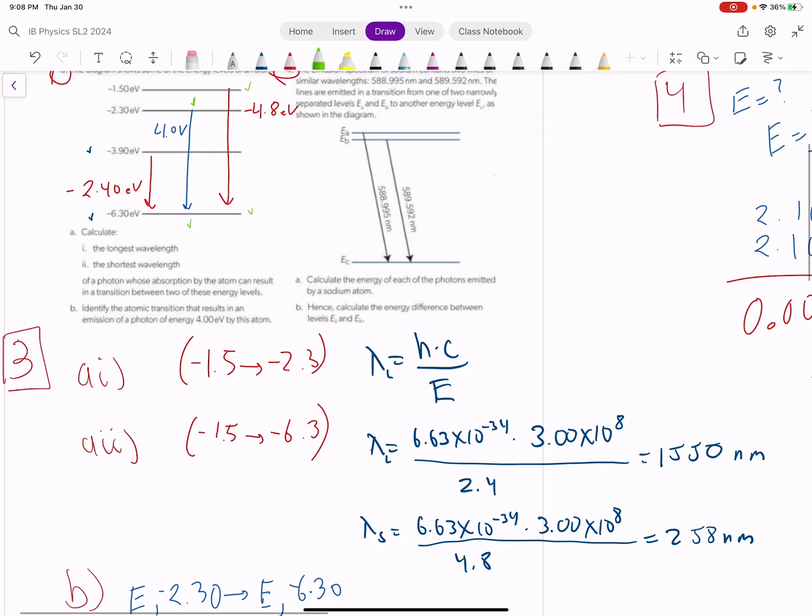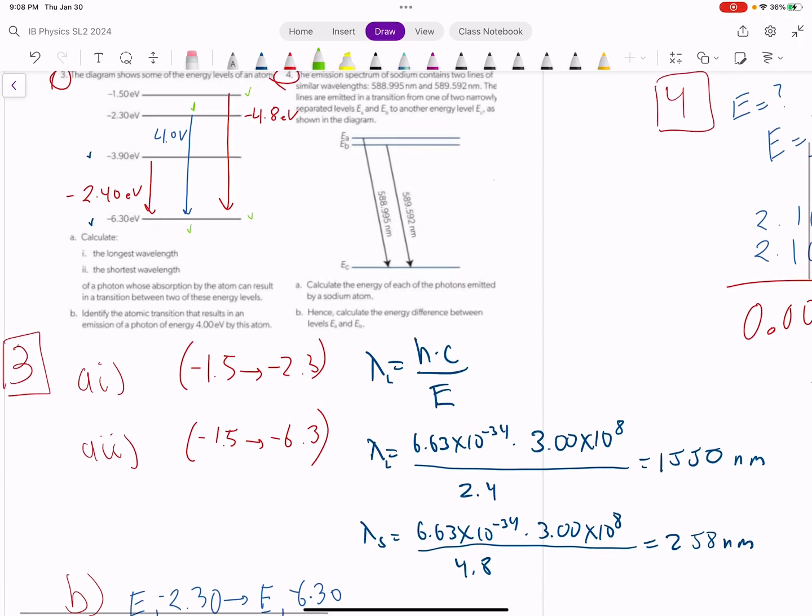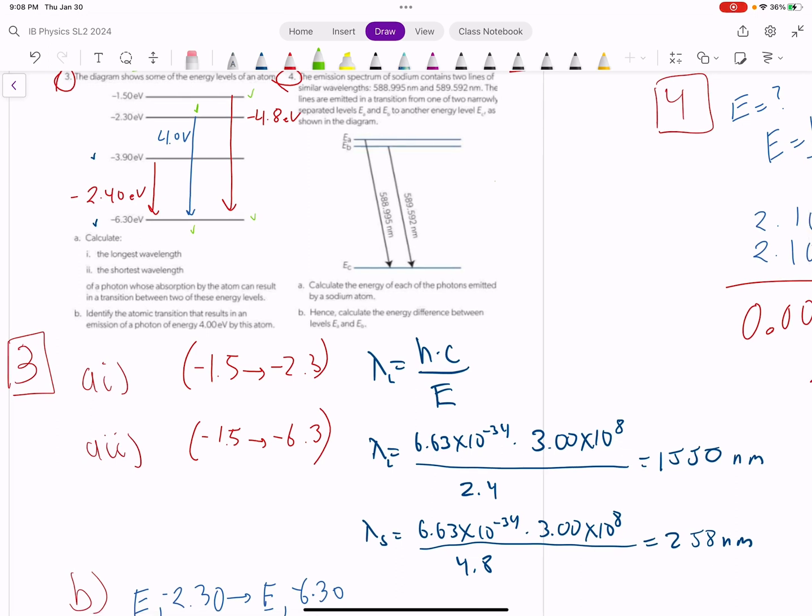You would just draw an arrow here on the picture and identify that as the transition, or you can simply say what the two levels are, and remember this is going down, so that's why it's negative 2.3 to negative 6.3. All of these transition levels are electron volts, by the way.